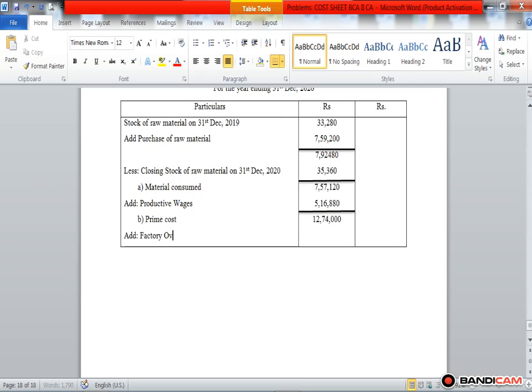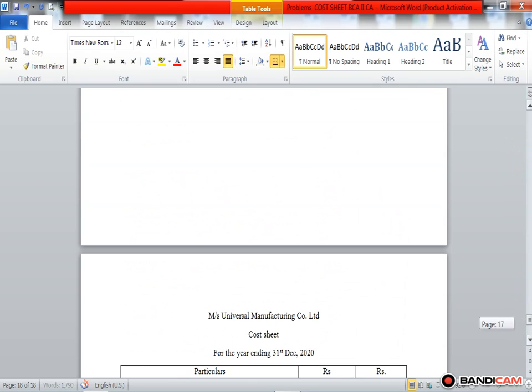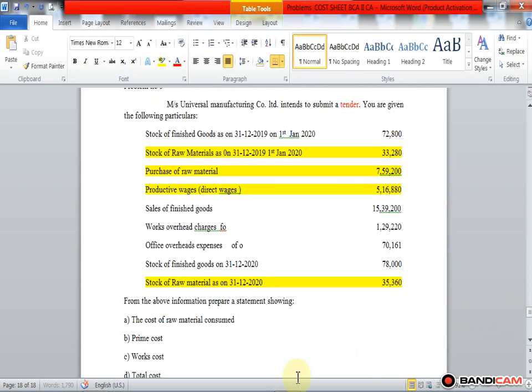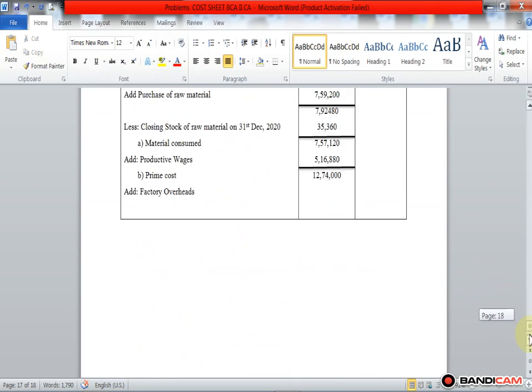Okay, next we add factory overheads to prime cost. Factory overheads is given in the problem. How much is factory overhead? Here work overhead means factory overheads, 1,29,220.